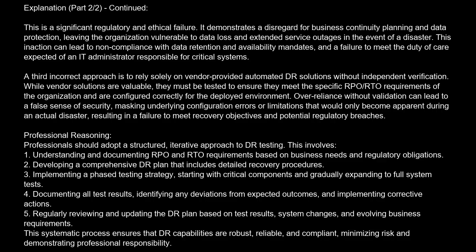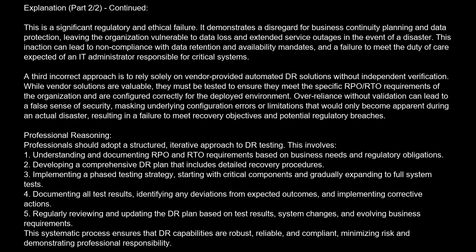Professional reasoning. Professionals should adopt a structured, iterative approach to DR testing. This involves: 1. Understanding and documenting RPO and RTO requirements based on business needs and regulatory obligations. 2. Developing a comprehensive DR plan that includes detailed recovery procedures. 3. Implementing a phased testing strategy, starting with critical components and gradually expanding to full system tests. 4.